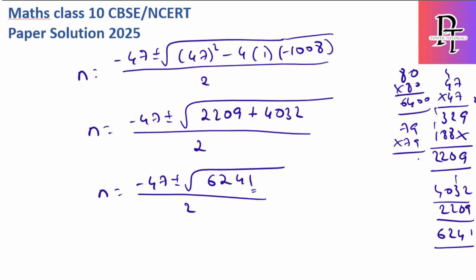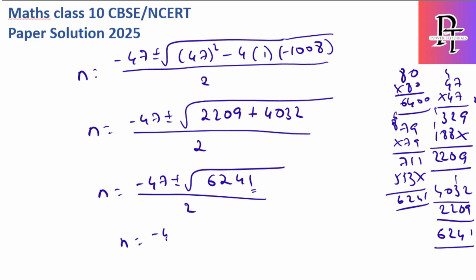So let's find it. 9 9s are 81, 7 9s are 63 plus 8 is 71, 7 9s are 63, 49 plus 6 is 55. So you will get 6241.